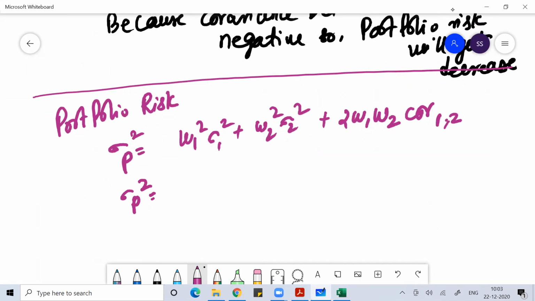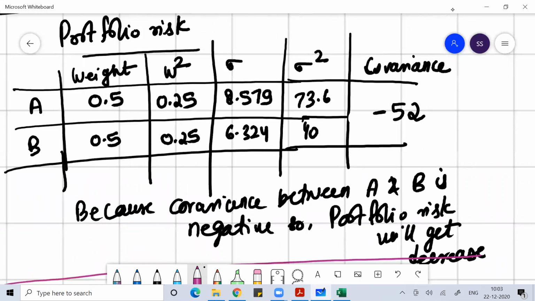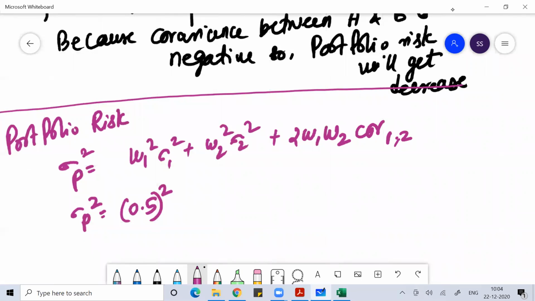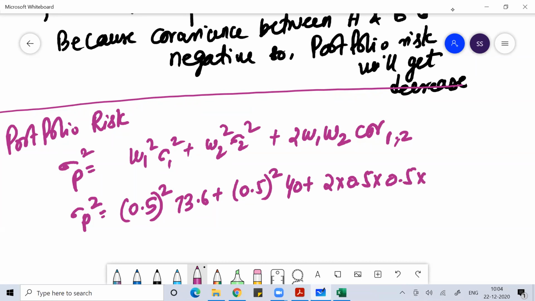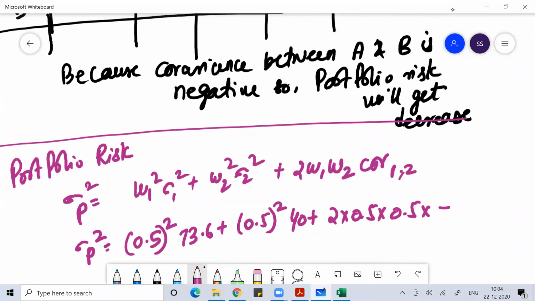So W1 is 0.5, square into sigma 1 square, which is 73.6, plus 0.5 square into 40, plus 2 into 0.5 into 0.5 into the covariance between 1 and 2, which is minus 52.